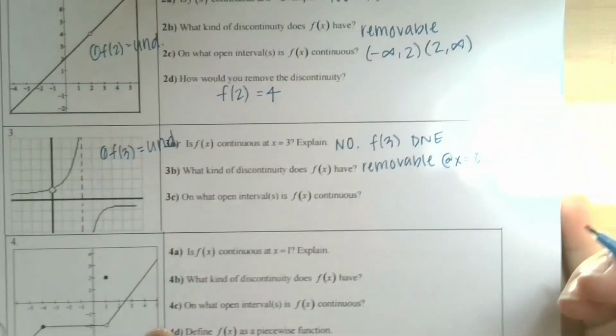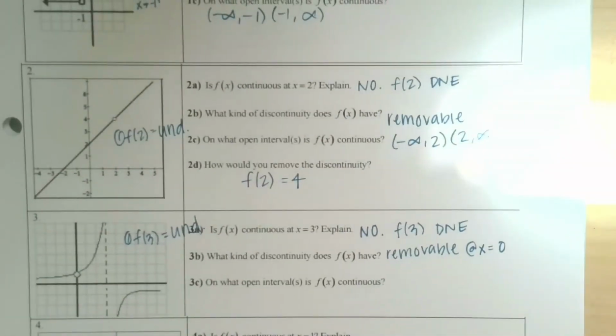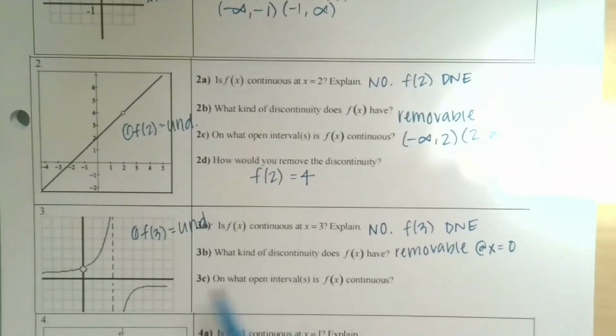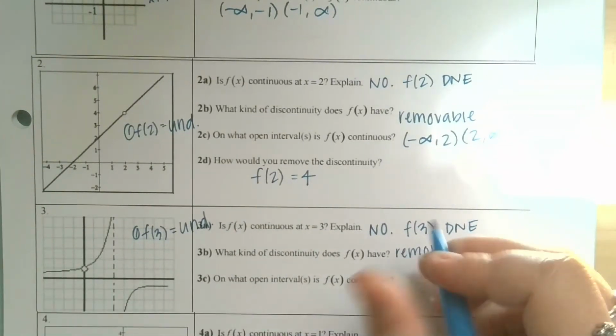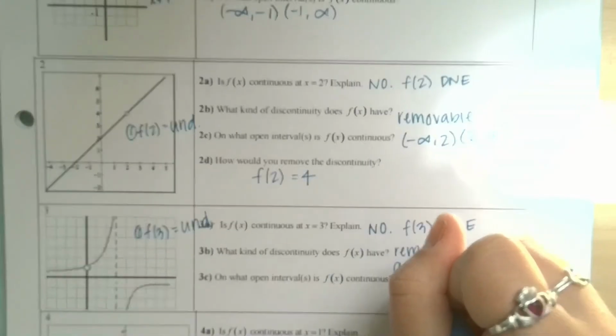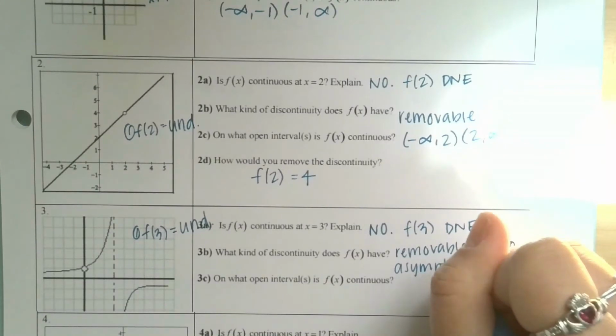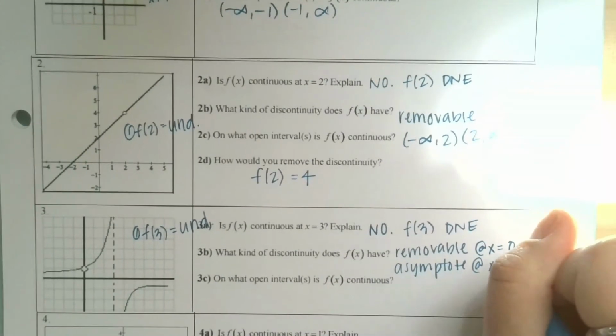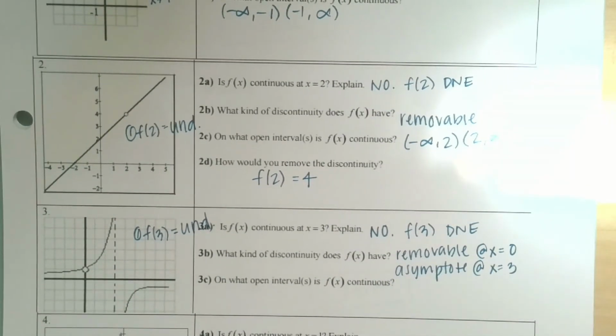And then our other discontinuity is at that asymptote, right? So asymptote at x equals 3. It's important to note which are your x values where these discontinuities are occurring, when there are multiple of them.